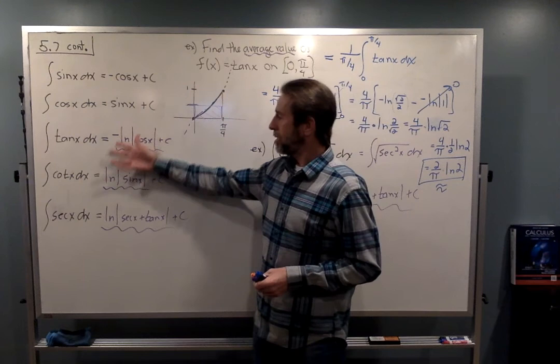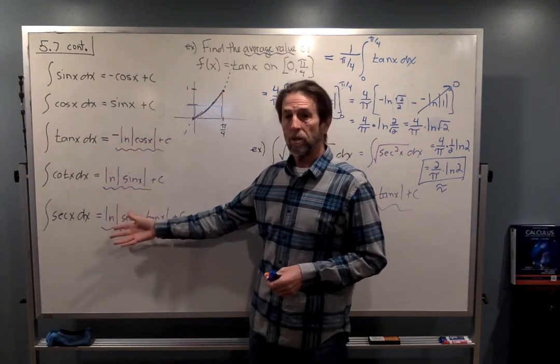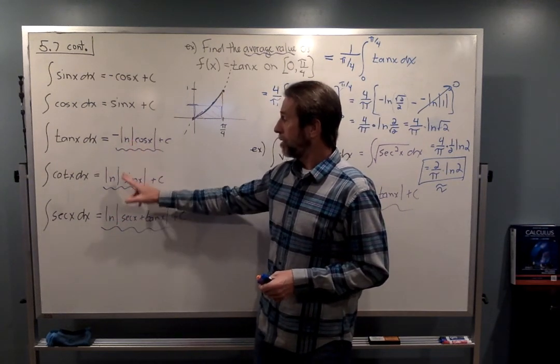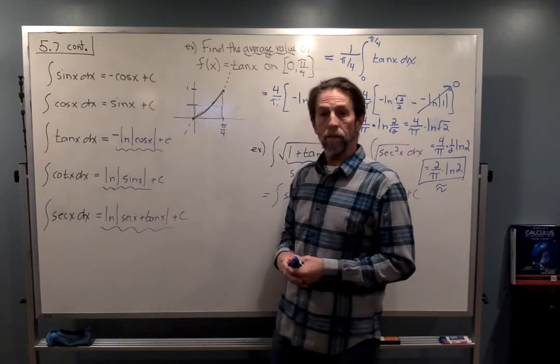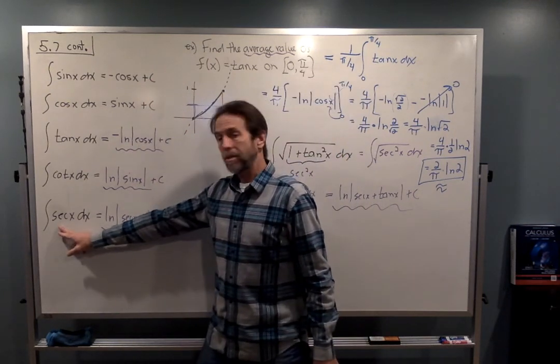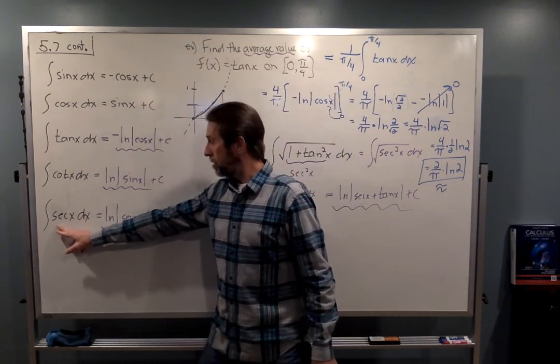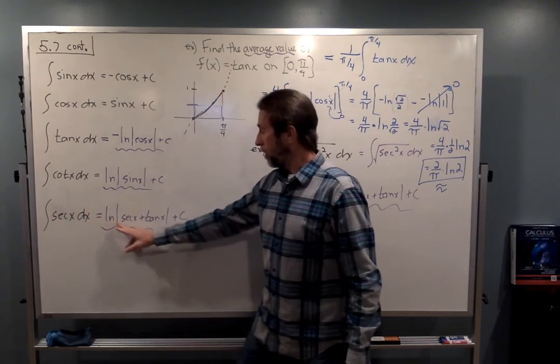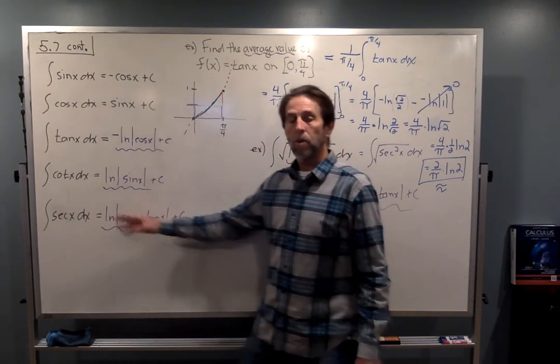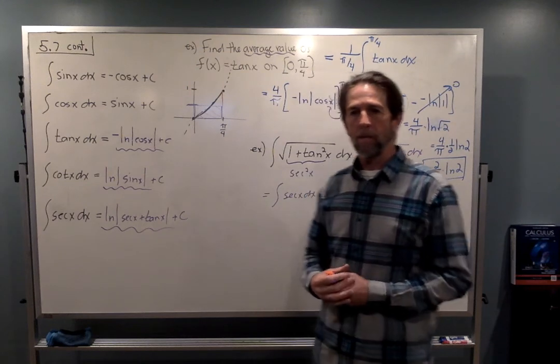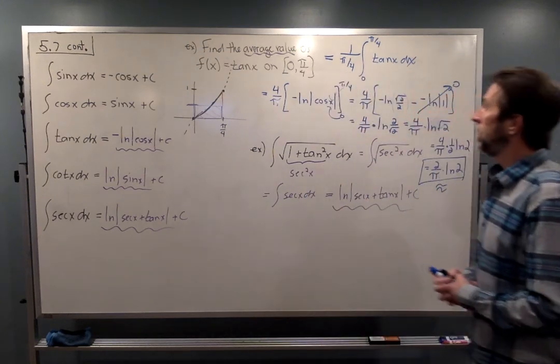It helps us tremendously with these trig functions, because before logarithms, we couldn't handle anything past sine and cosine. You might be wondering about cosecant. Well, cosecant is just going to be negative log of cosecant cotangent. Again, you can refer to that and look at it in the book and study that formula.